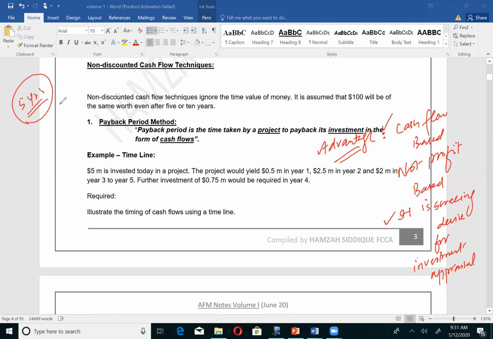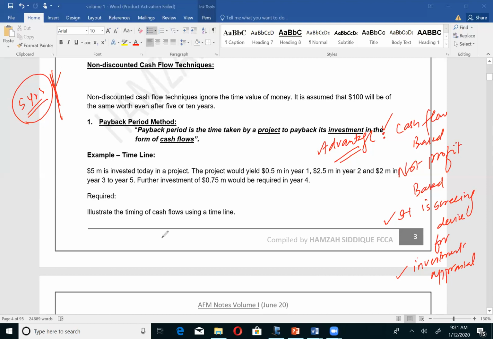It means the project must have a payback of less than 5 years, so that the company can pay off the loan. If the project has a payback of more than 5 years, then the company cannot move forward with the project, because the loan is available for 5 years only, or the investment is available for a fixed time.